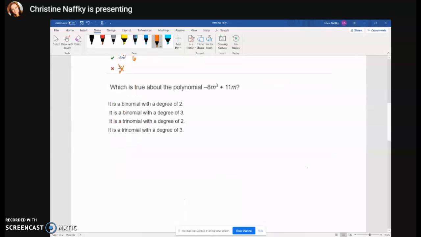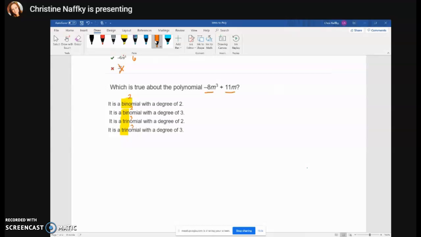So now the next one says, which is true about the polynomial? First of all, if I count, you notice there's 1, 2 of these terms. These are called terms. And if you look at your prefixes, you have bi, tri. Bi means 2, and tri means 3.